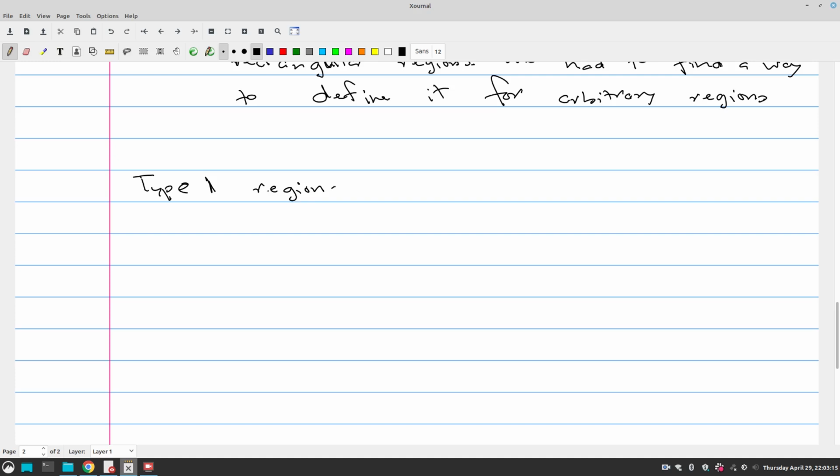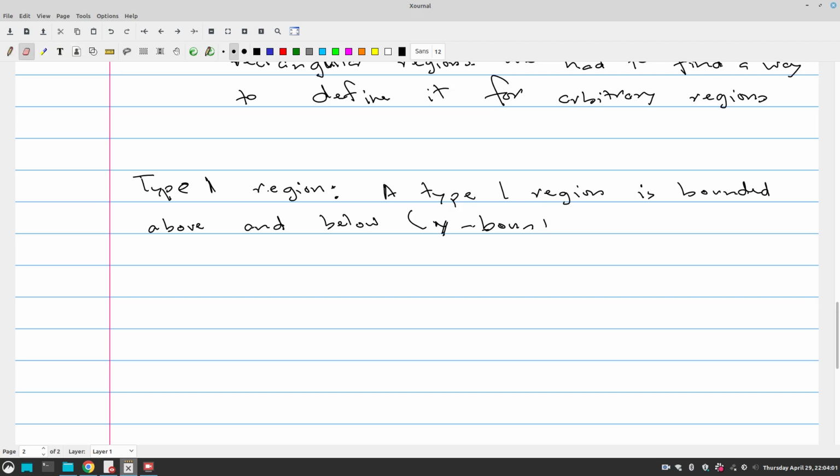So a type 1 region is bounded above and below, meaning the y boundaries, the limits of y, are given by functions of x.